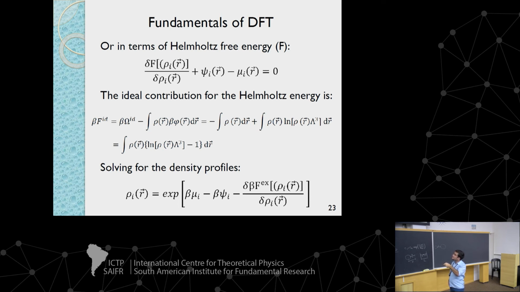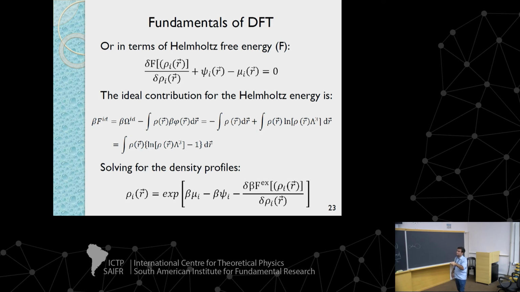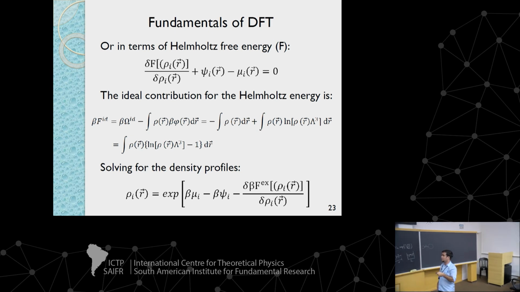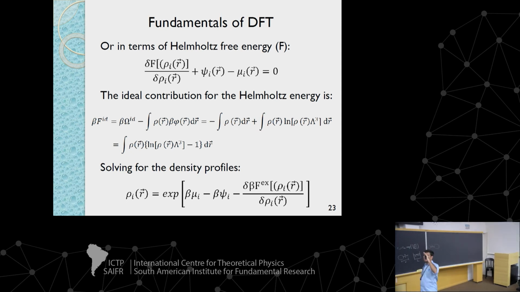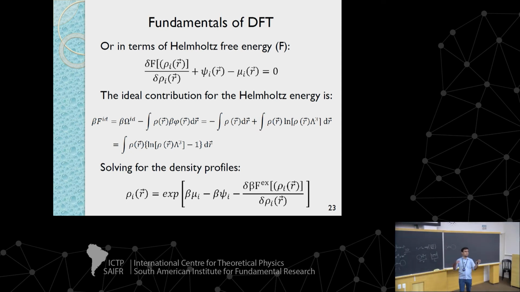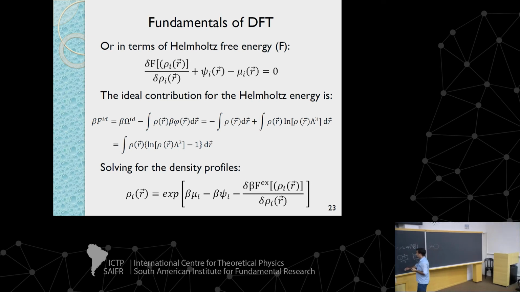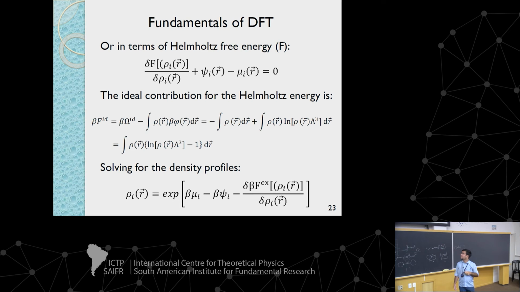And by introducing this expression into this equation and solving for rho of r, we get the expression for the ionic profile or for the molecular profile. So we have this exponential here, and we see that we are getting something that is similar to what we got in Poisson-Boltzmann theory. We are going to compare these two, okay?